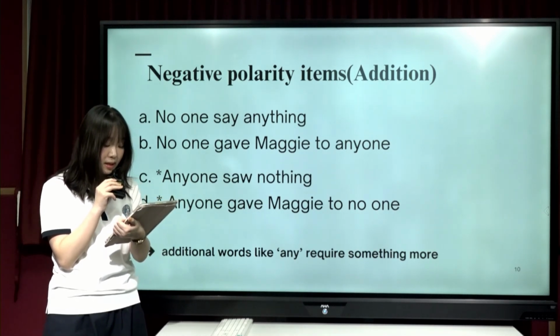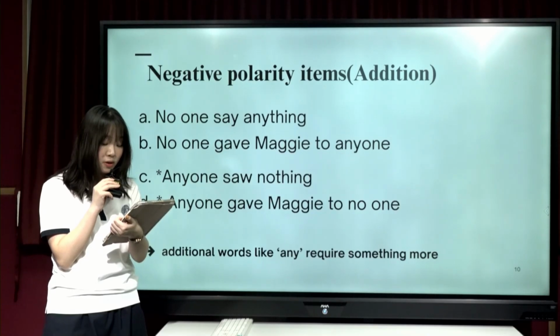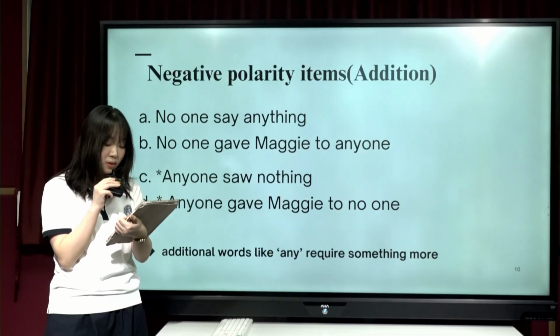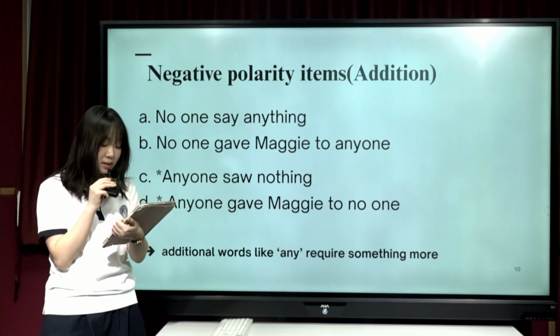This suggests that NPIs require more than mere co-occurrence with a negative word. Instead, there are additional conditions that determine whether the combination is grammatical. The contrast between no one saw anything and anyone saw nothing, or between Homer gave nothing to anyone and Homer gave anything to no one, illustrates that the relationship between the trigger and the NPI must satisfy stricter requirements than just being in the same sentence.